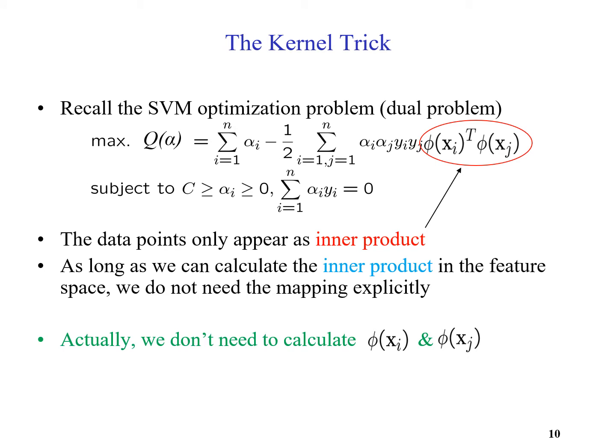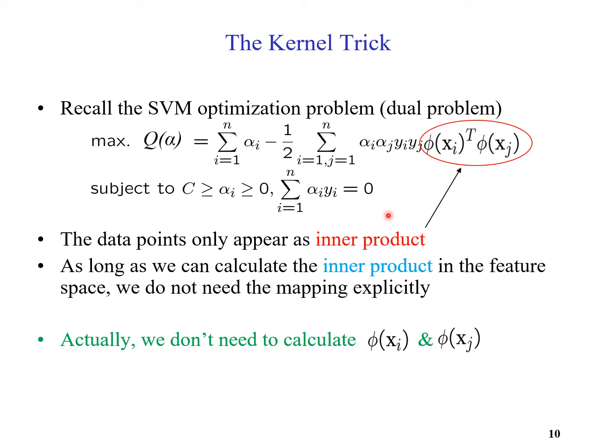As we have seen in the previous slide, this one is the dual problem of SVM in extended dimension, because the original data X is mapped to a higher dimension. So this is the SVM dual problem in extended dimension feature space.